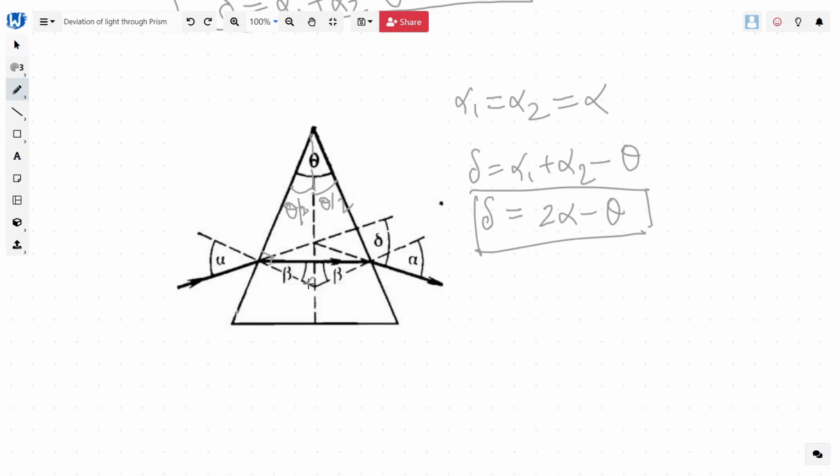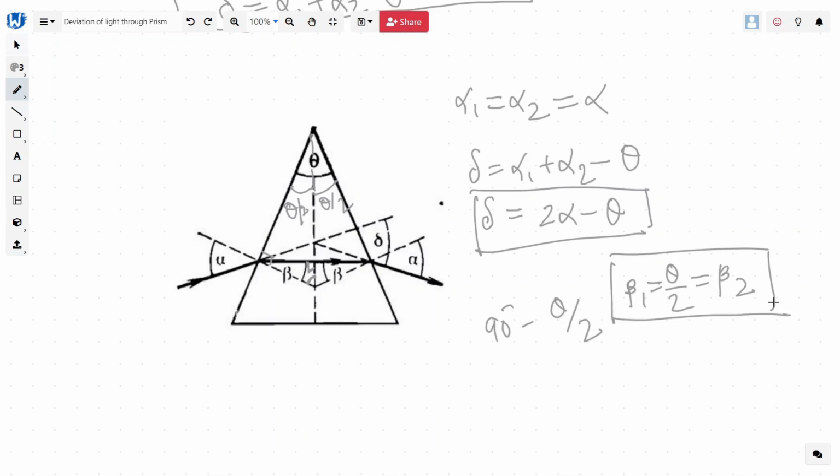This angle over here is going to be 90 minus theta by 2. Now again, this is also perpendicular. Hence, beta 1 is equal to theta by 2, and by symmetry it is also going to be equal to beta 2. You can try it yourself and you will arrive at the same conclusion.